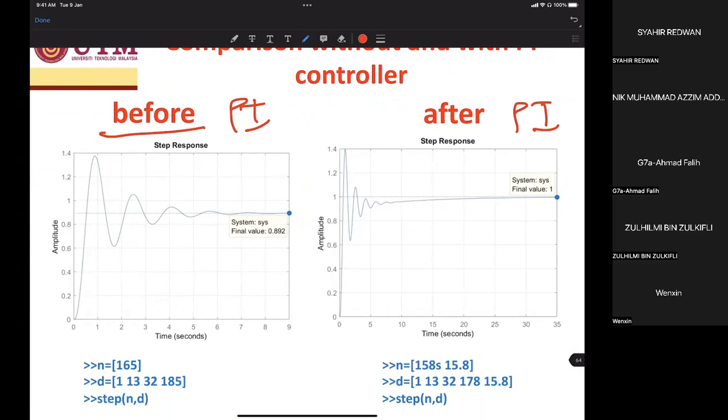No steady state... No steady state error and 0 steady state error are two different things. Sorry, 0 steady state error. ESS 0. Okay, good. Transient maintained. Overshoot also maintained, 1.5. Nampak? 1.5. Yes.